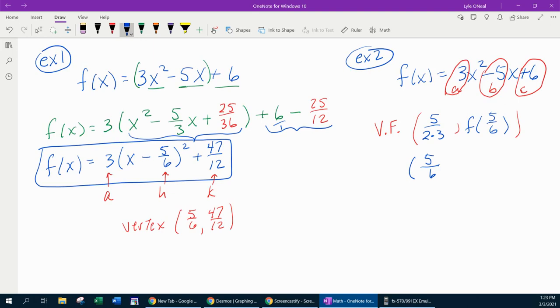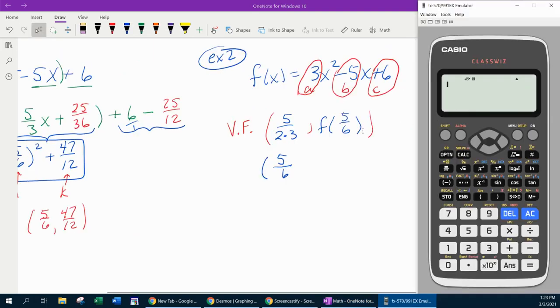Now that's not bad if you have a calculator. To do f of 5/6, you simply need to replace each x with 5/6. And again, with our particular calculator, the Casio ClassWiz, that is a piece of cake. So that's 3 times 5/6 squared minus 5 times 5/6 plus 6.